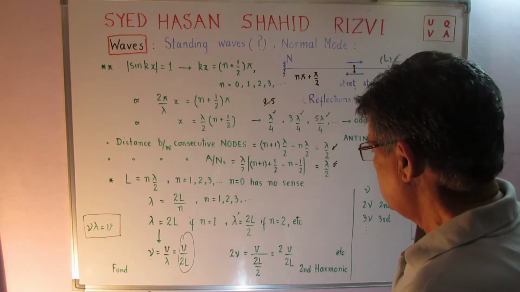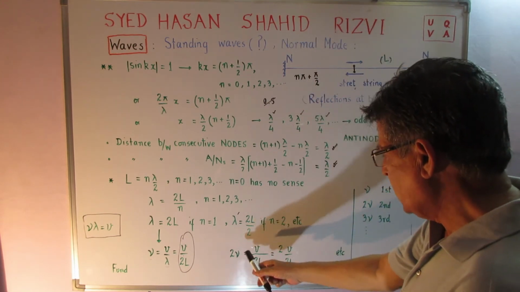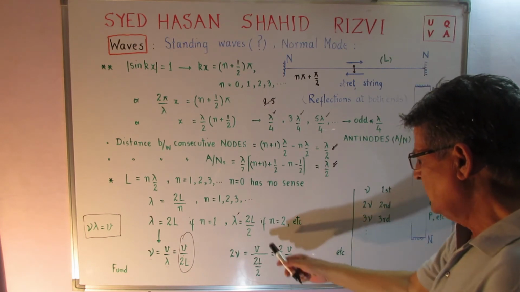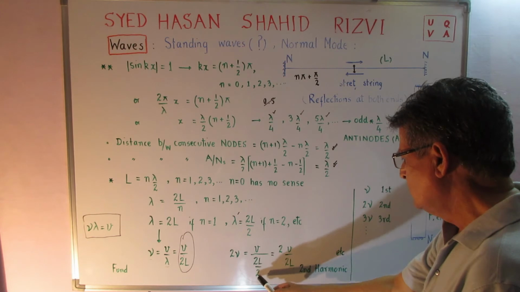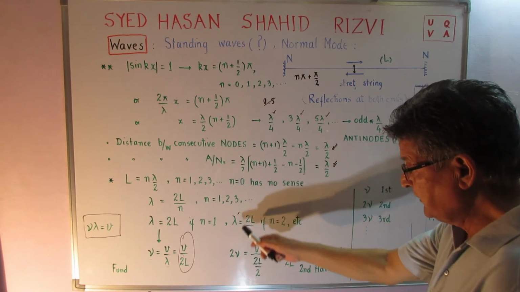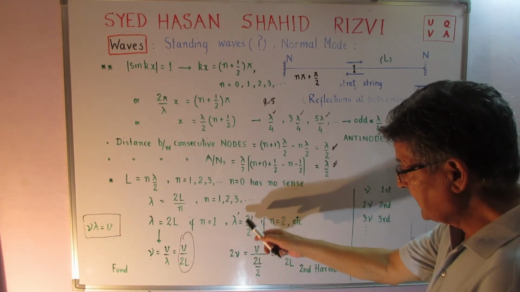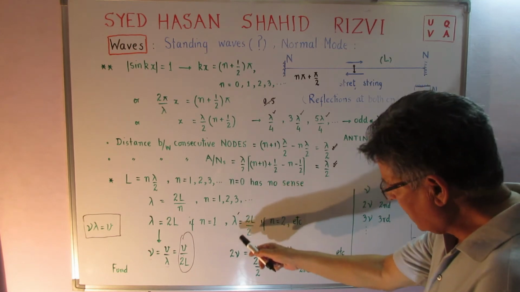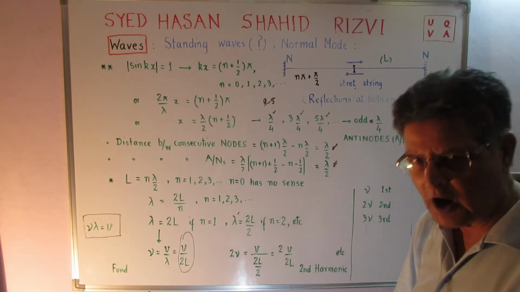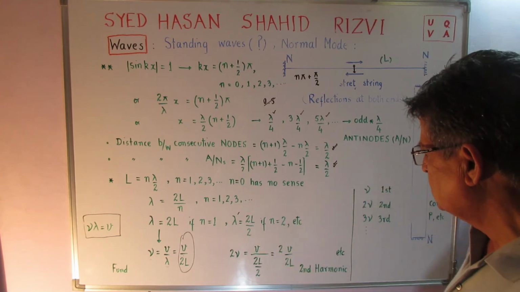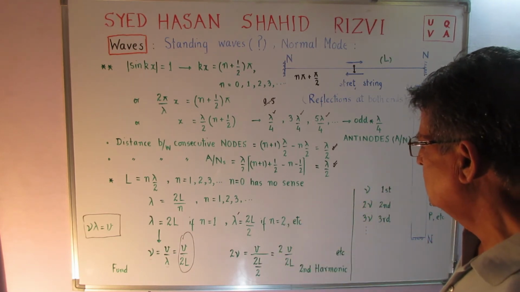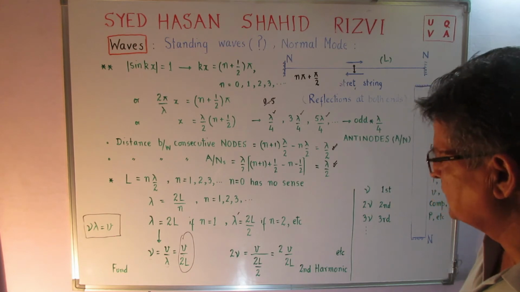If I double that, then for this case we get v divided by 2L by 2. And so I continue with that and we obtain the other frequency.